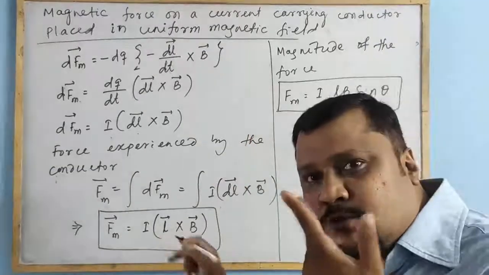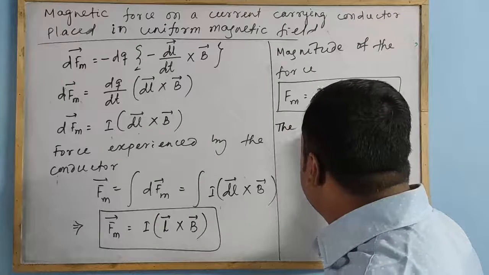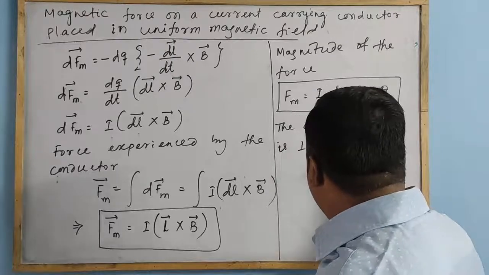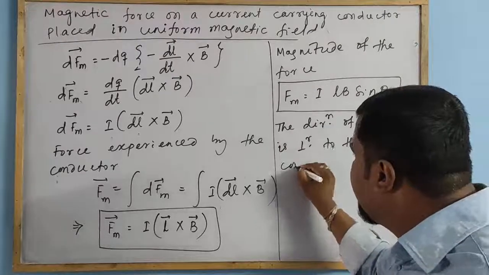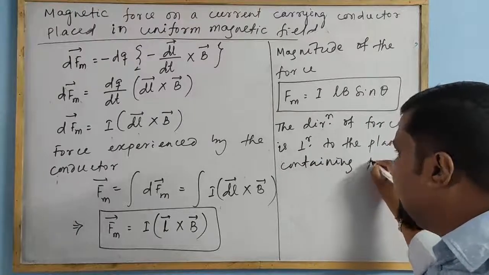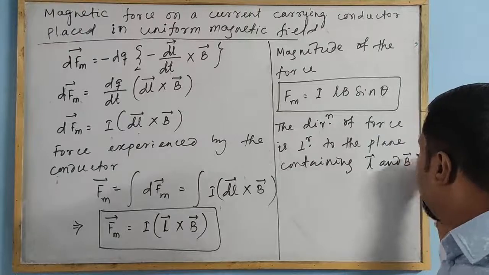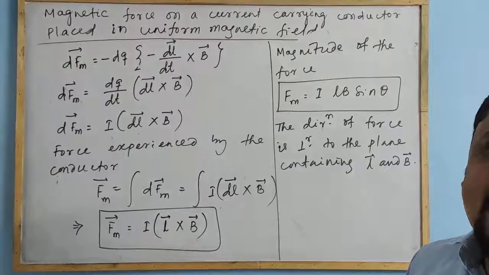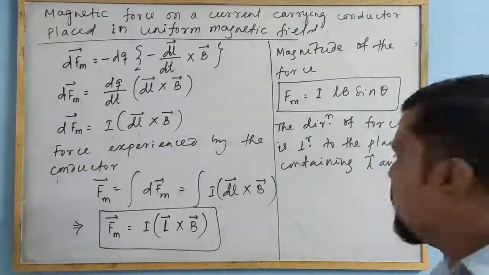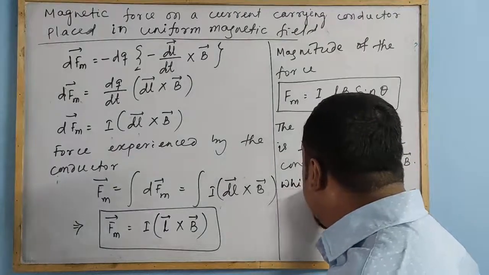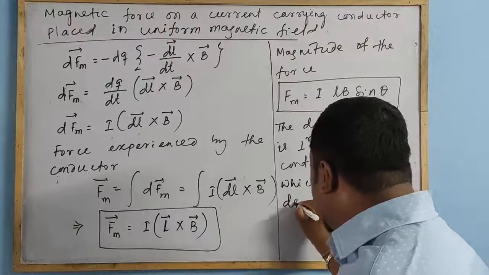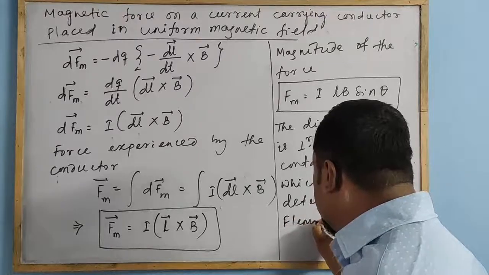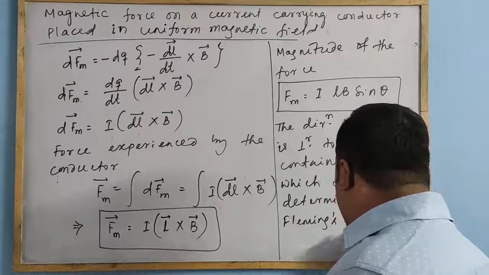And what is the direction of this force? The direction of the force is perpendicular to the plane containing L and B. So in this figure, the force is perpendicular to the plane containing L and B. Whether inward or outward can be determined by Fleming's left hand rule.